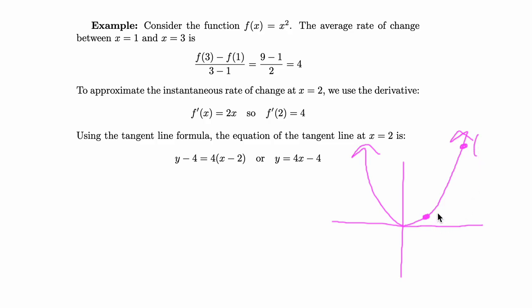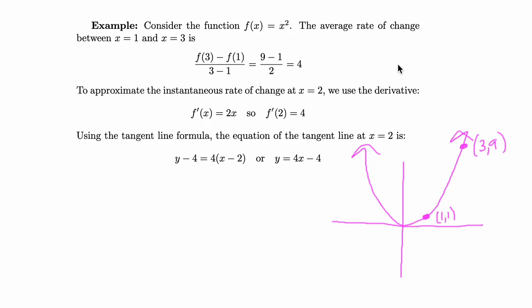So I'm just going to write these full points. To get the other coordinates, the y values, I'm just going to take my x values and plug them in here. So when x equals 1, 1 squared is 1. So that point is just going to be 1 comma 1. When x is 3, 3 squared is 9. So this point is going to be 3 comma 9. Now, nothing fancy.